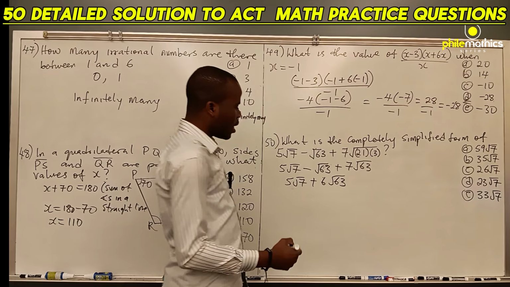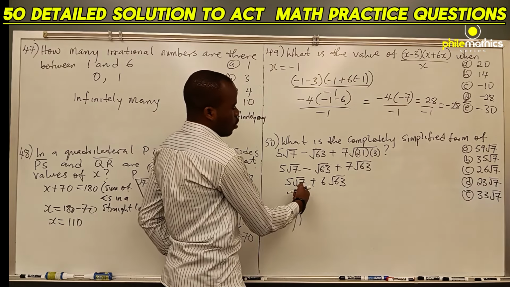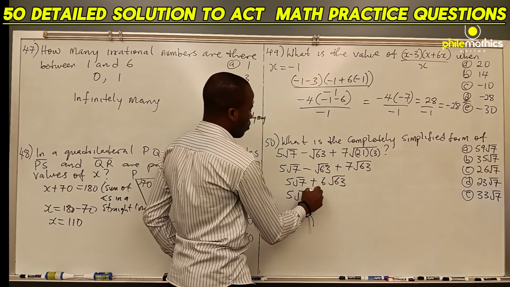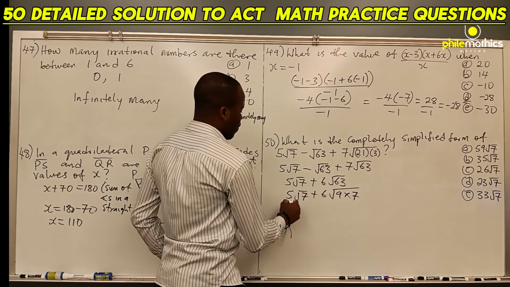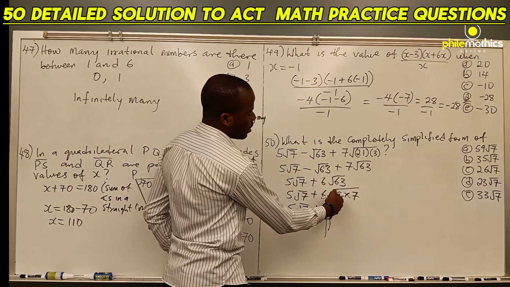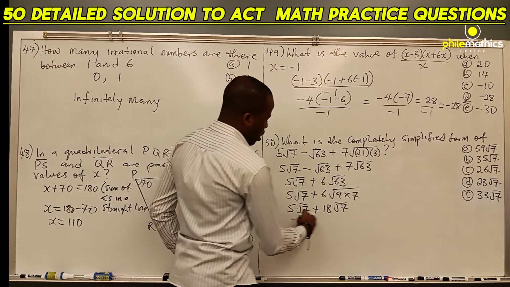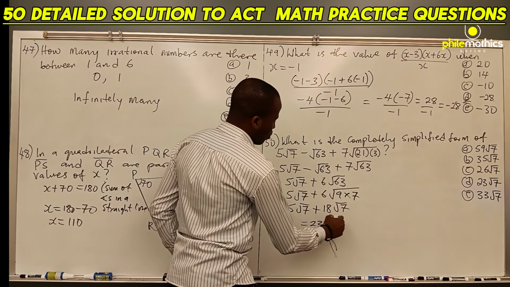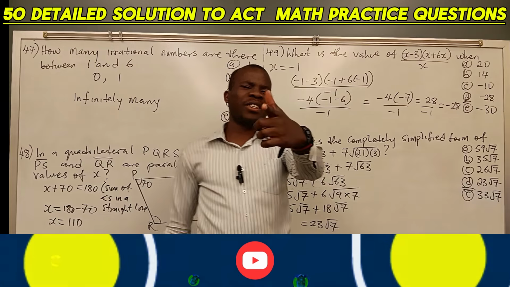I can put 63 in base 7. So that this is 9 times 7. So 5 root 7 plus 6 root 9 times 7. And 5 root 7 plus 9, square root of 9 is 3. 3 times 6 is 18 root 7. And 5 root 7 plus 18 root 7 will give 23 root 7. And that is D.